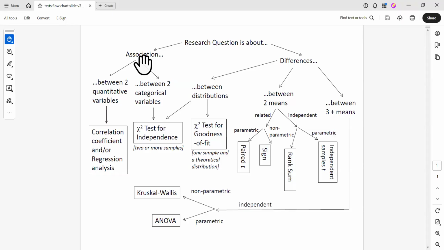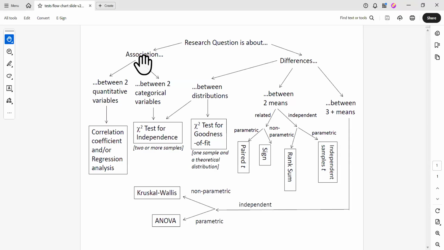If we have the same experimental design, but we don't meet the assumptions for the t-test, then we'll use the non-parametric equivalent test, which is called the rank sum test. All right, so there's 4 tests that allow us to test for differences between two means.